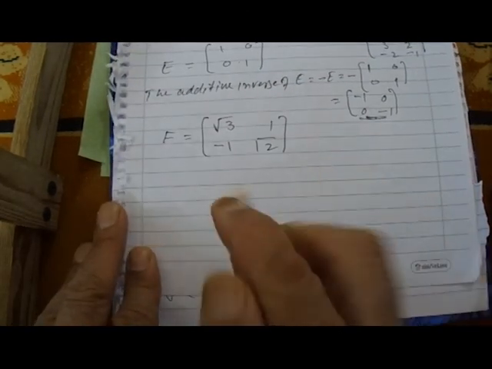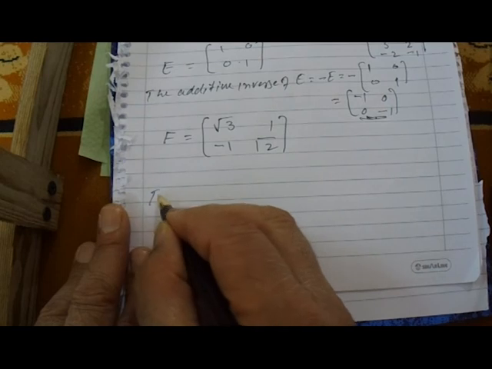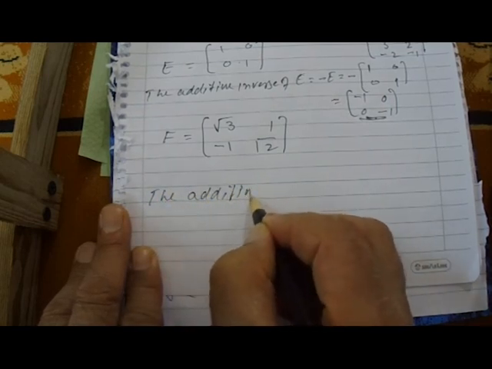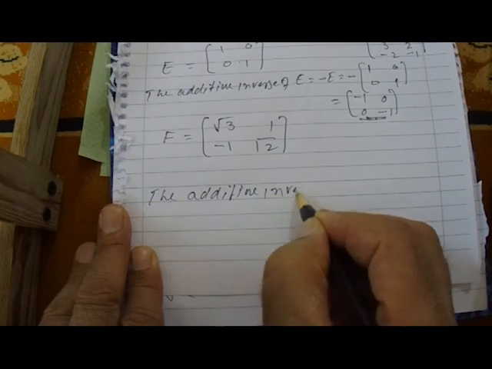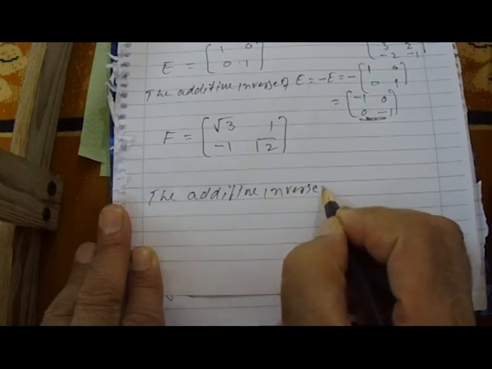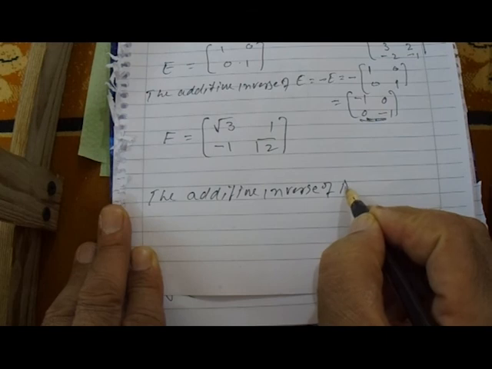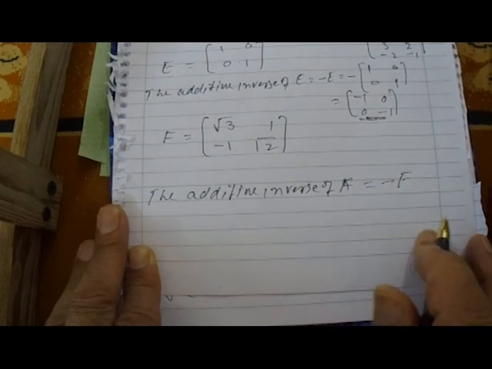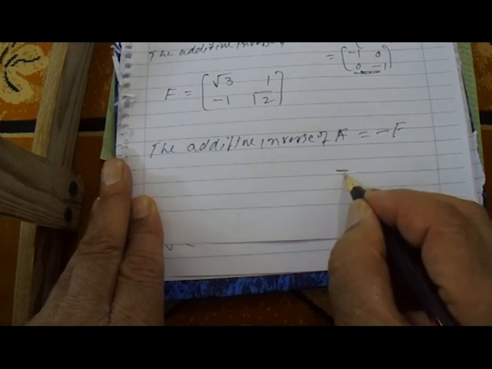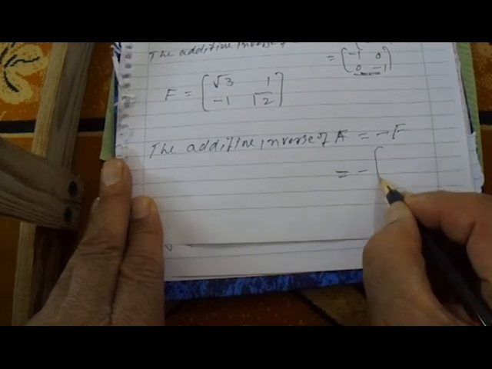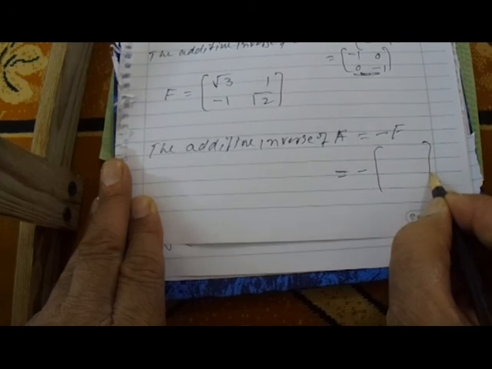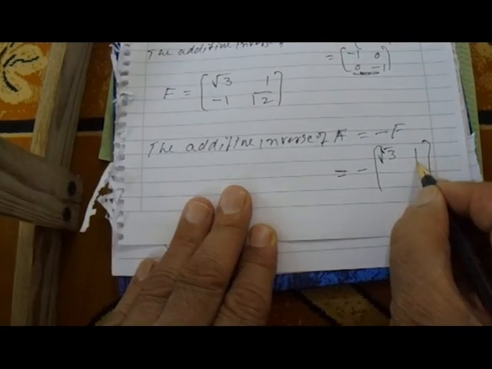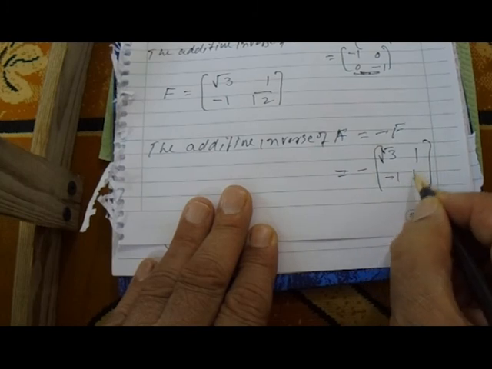Now the last F part is, you write here again the additive inverse of F is equal to minus F. Now you write minus, and put the matrix here: under root 3, 1, minus 1, and under root 2.